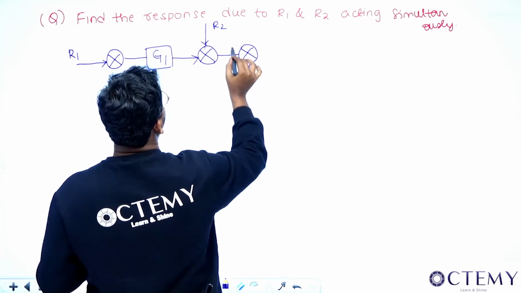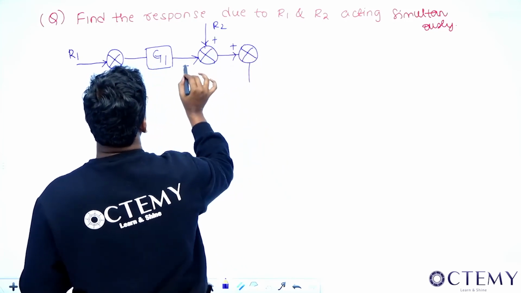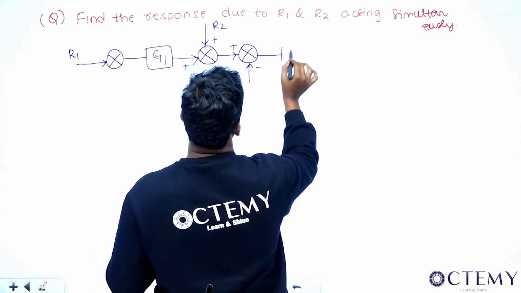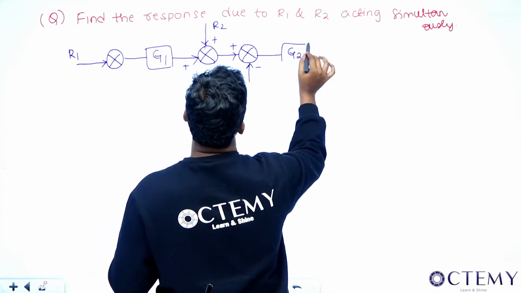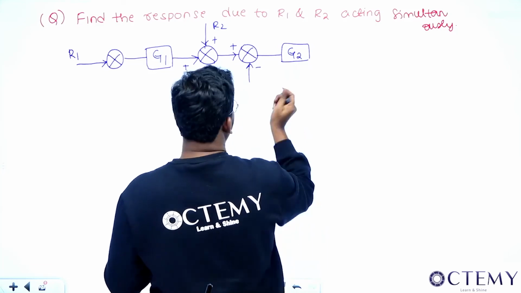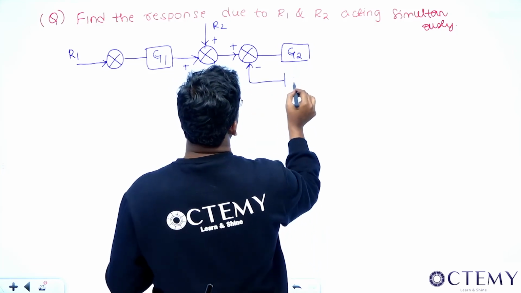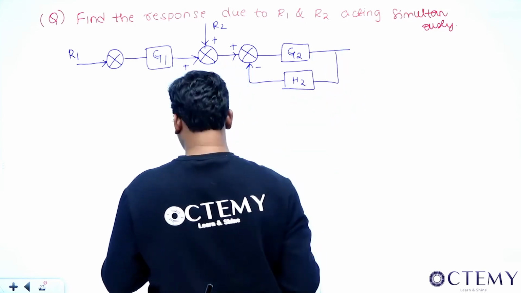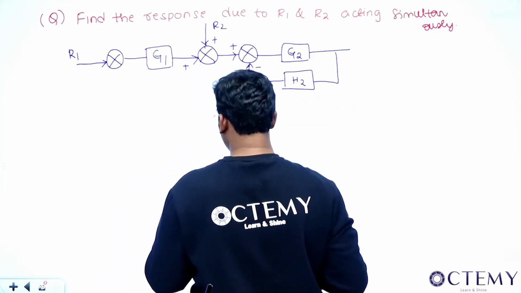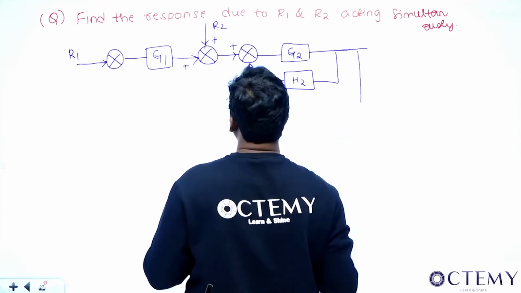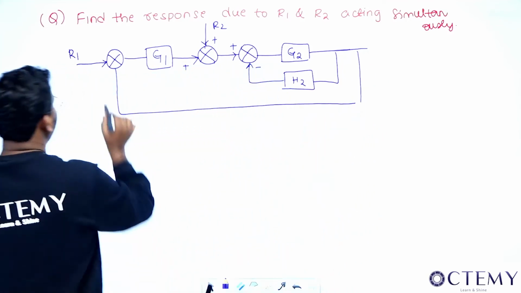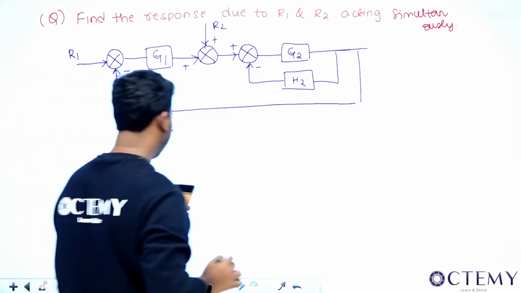This is plus, this is plus, this is plus and this is minus, this is basically G2, this is basically H2 and this is your answer sir. And there is another feedback loop like this. This is minus, this is C.